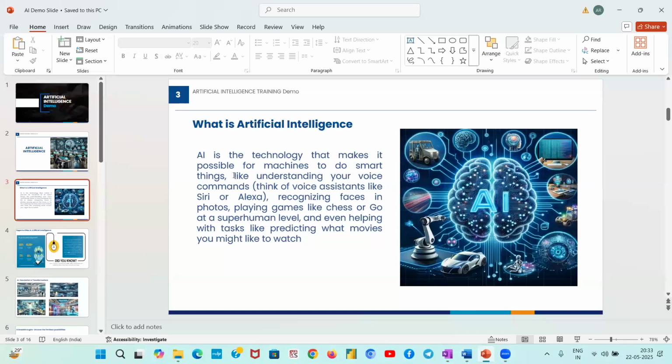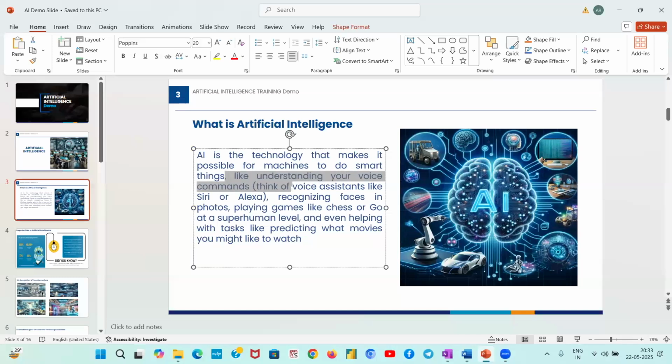For example, understanding your voice commands. Before, we didn't know about voice commands, but if you observe the last few years, your YouTube has a voice command, your Google has a voice command. Currently the Meta AI in your smartphone also has voice commands.